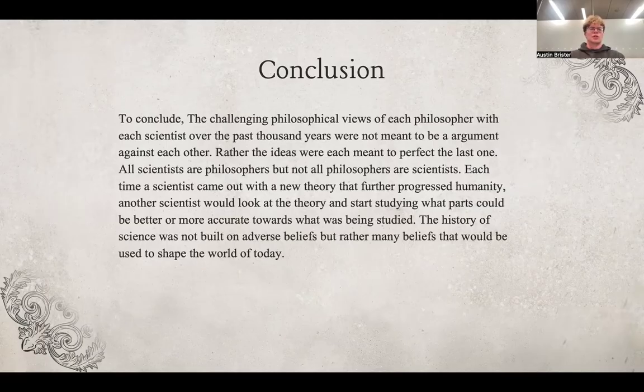Now, to conclude, the challenging philosophical views of each philosopher with each scientist over the past 1,000 years were not meant to argue against each other. Instead, these ideas were meant to refine the last one. Because even though they were refining them, some of them are not perfected. Well, actually, most of them aren't.